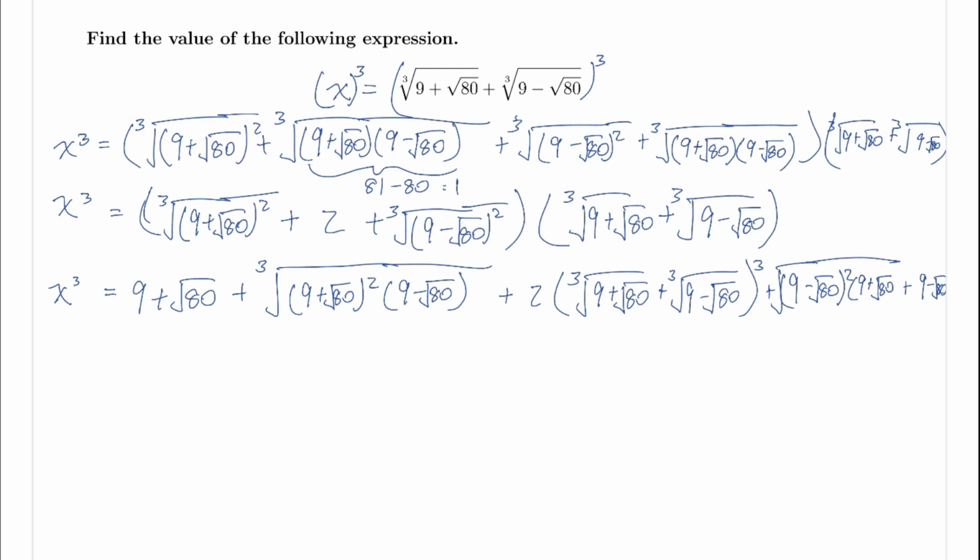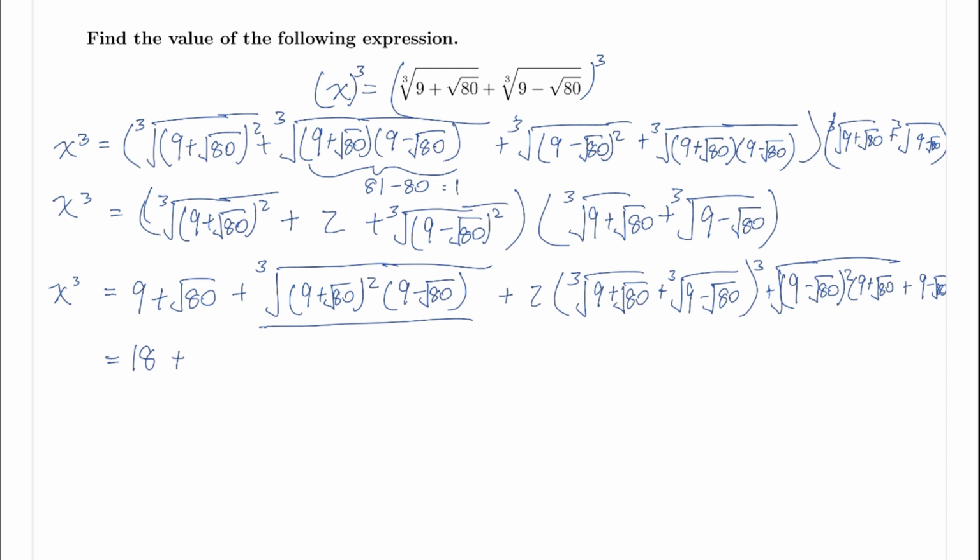Okay, so there's a few things that we can cancel out here. Start by combining the two 9s to 18. We can cancel out the 2 root 80s. Now here we have these two terms, and since 9 plus root 80 times 9 minus root 80 is just 1, we're basically just left with 9 plus root 80.